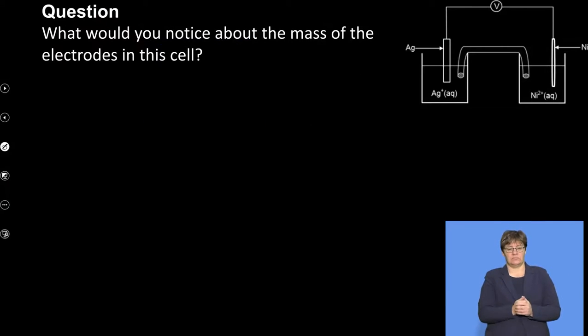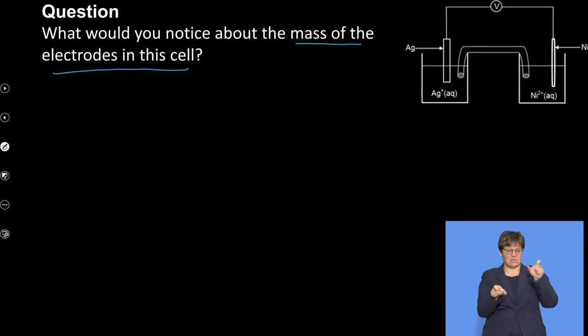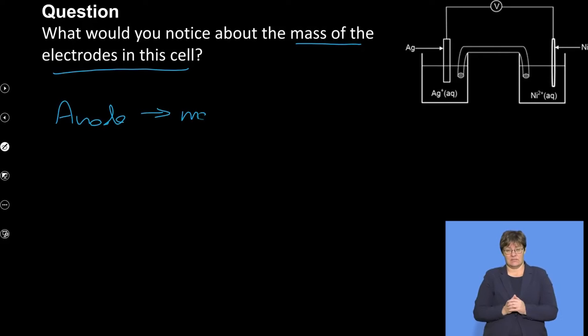Right, let's look at the last question for this section. What would you notice about the mass of the electrodes in the cell? Well, clearly at the anode, we're going to find that the mass decreases.